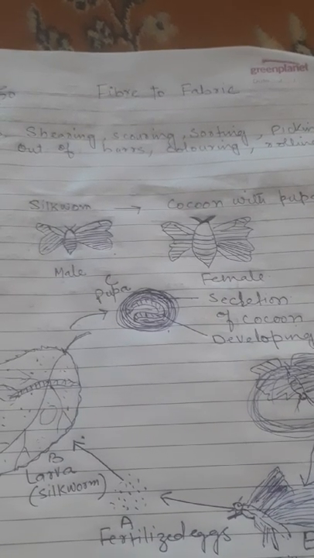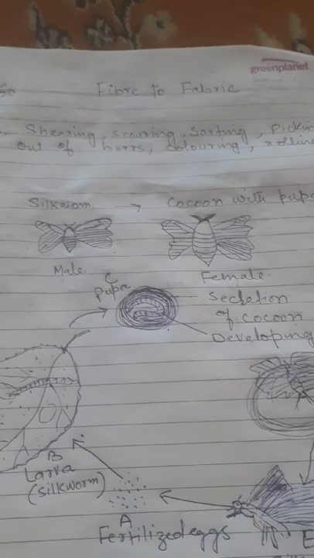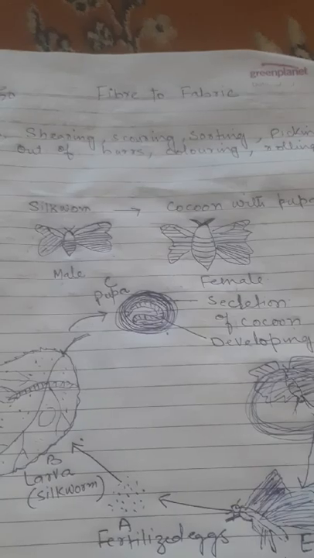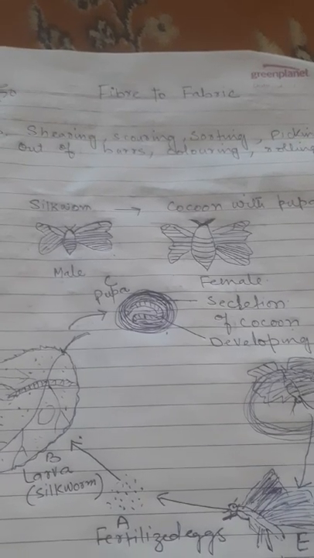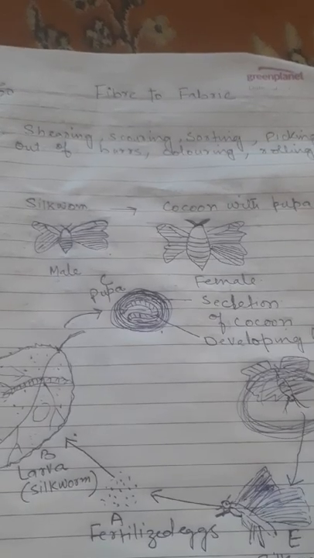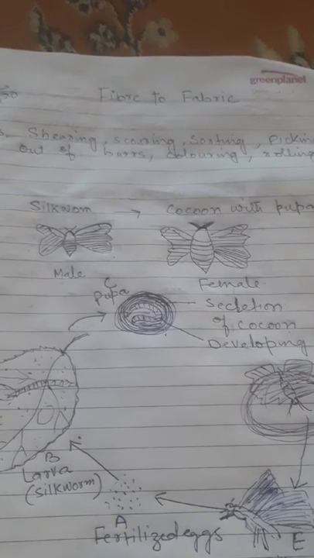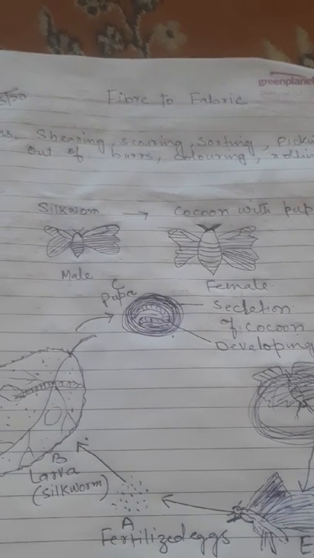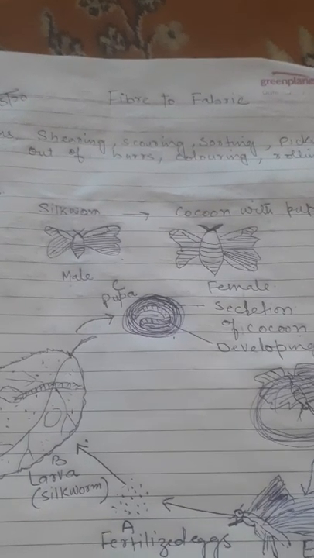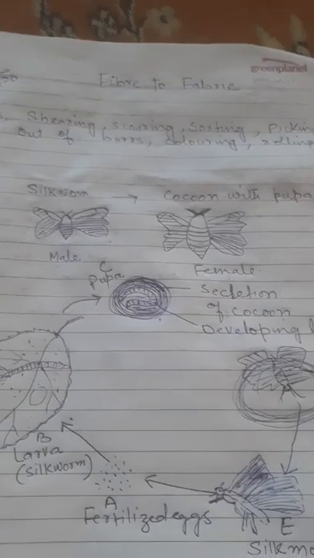And the D option, caterpillar gives eggs and egg gives pupa. The right option is: the female moth lays eggs and the caterpillar develops from the eggs, and from that the pupa develops. Option C is the correct answer.